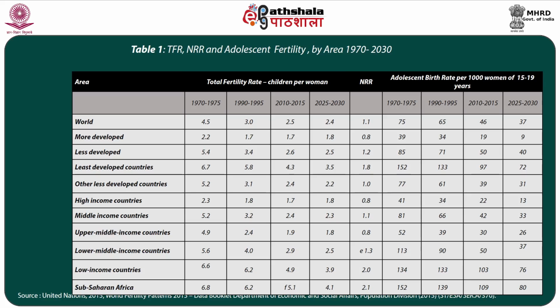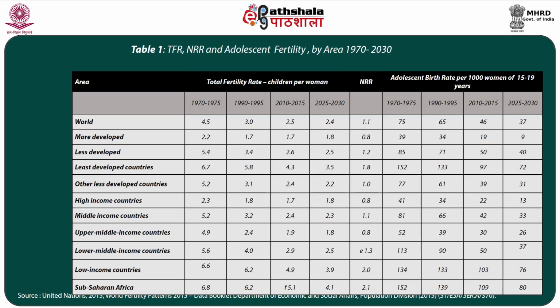The more developed regions are expected to have a total fertility of 1.8 compared to the less developed regions figure of 2.5. In case of the least developed countries, the total fertility is expected to be 3.5.